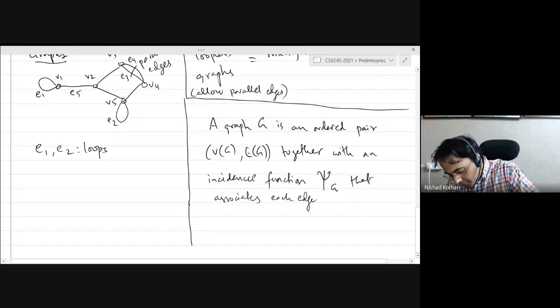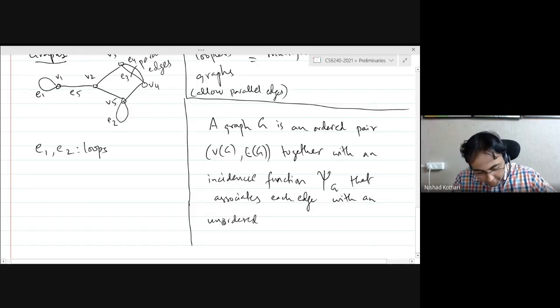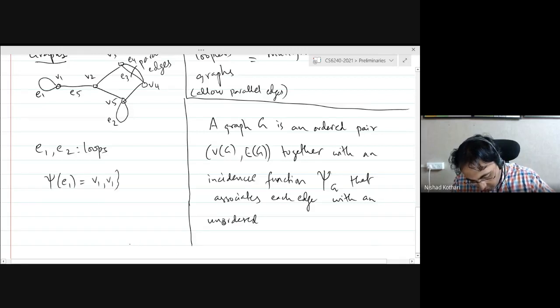So each edge will be associated with an unordered pair of vertices. So for each edge, I will tell you, for example, psi of E1 is going to be V1, V1. And generally, I will just write it as V1, V1 without the brackets.